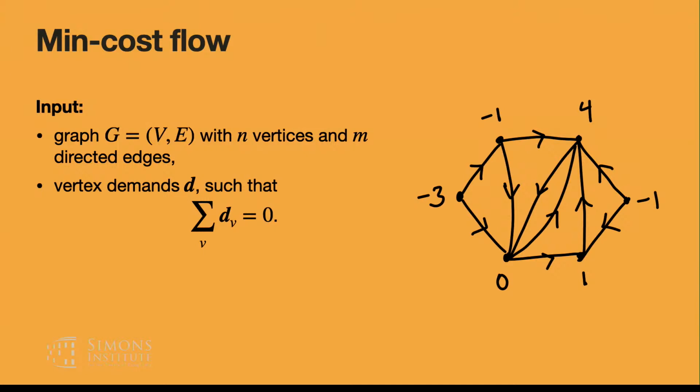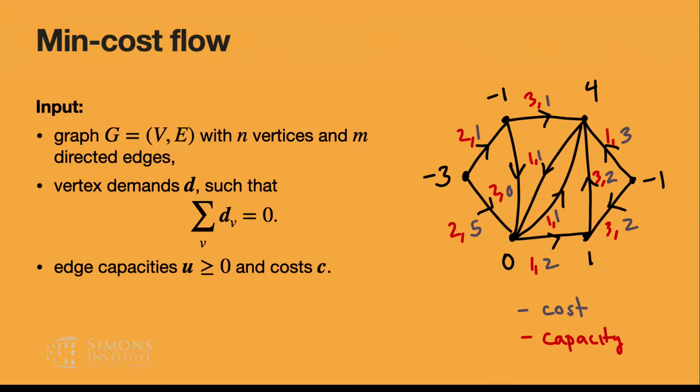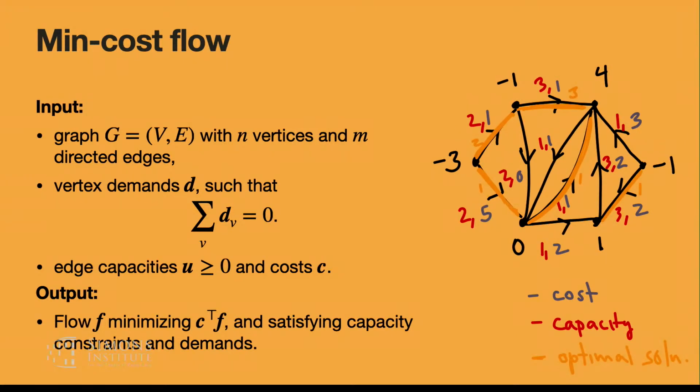Positive demand means you want flow coming in, and negative demand means you want to send flow out. We also have non-negative edge capacities, and costs for every edge. The output for the algorithm should be a flow minimizing the total cost, satisfying the constraints and routing the demand.